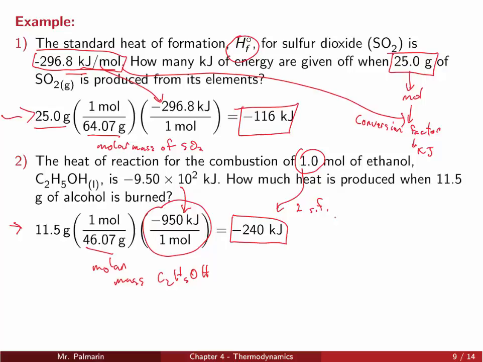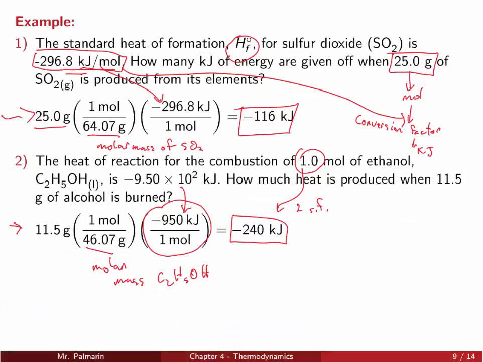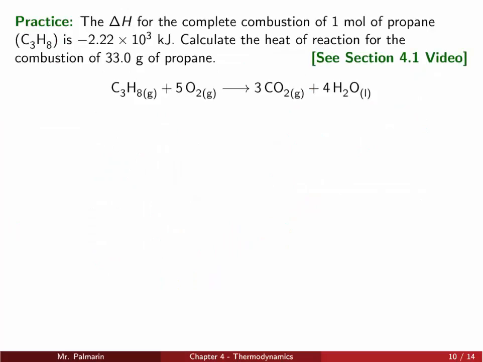So that was just an extension from question 4 here. Okay. This time you're given the weights in grams, and you have to move to moles first. So let's do this practice problem. The delta H for the complete combustion of 1 mole of propane is negative 2.22 times 10 to the 3 kilojoules.